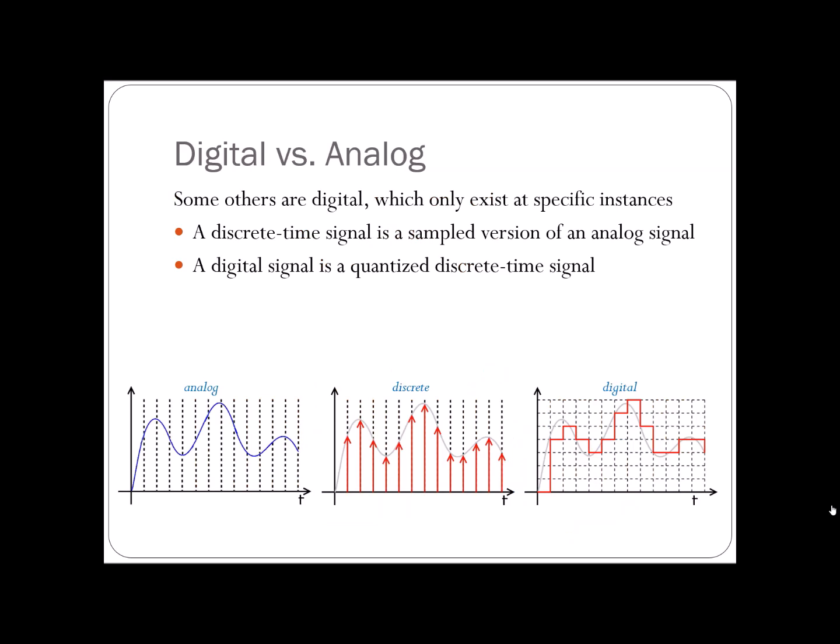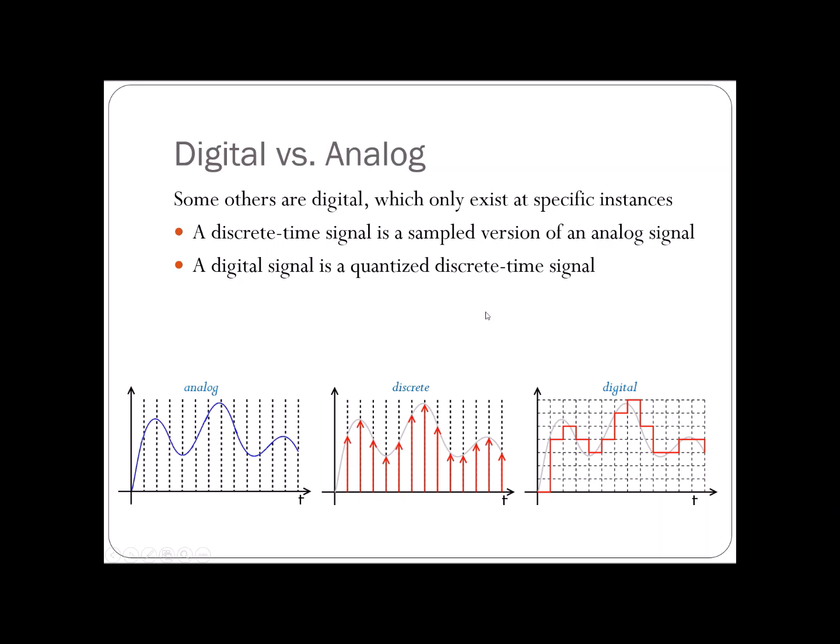Let's take a look at this slide. Some signals are digital. The simplest example of a digital signal: if you are listening to music from your cell phone, all of the data stored in your cell phone is digital, which means every signal is discretized in order to be stored as binary values.